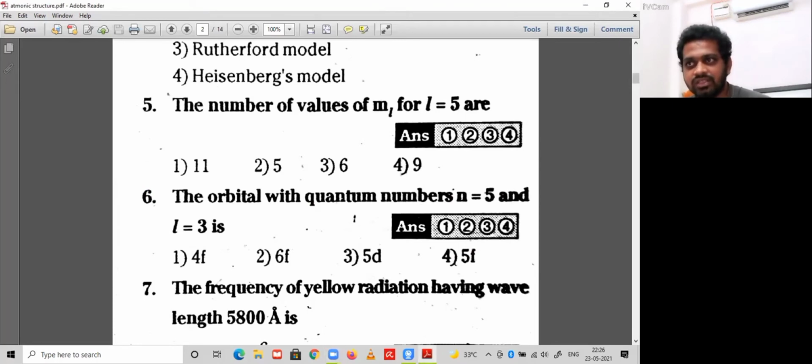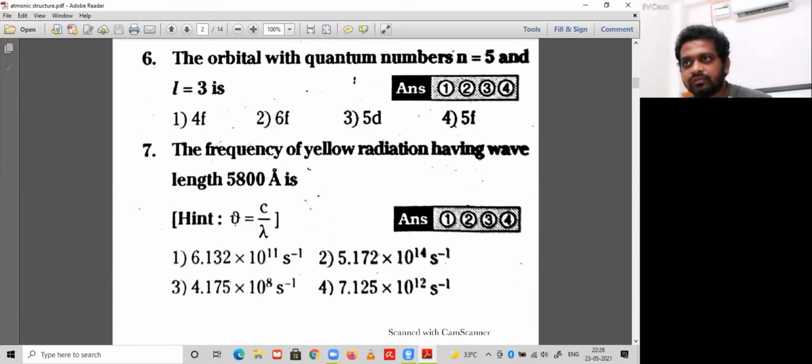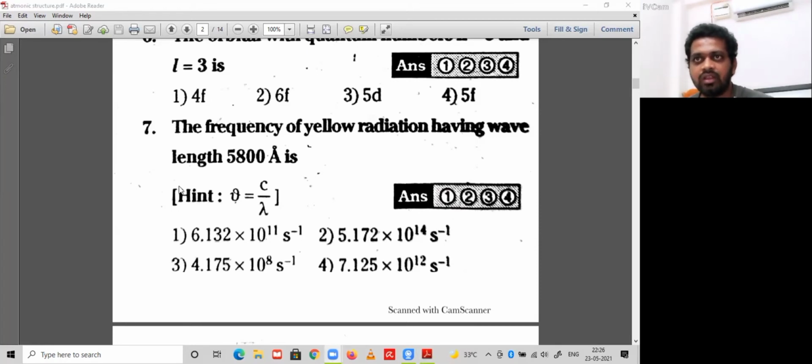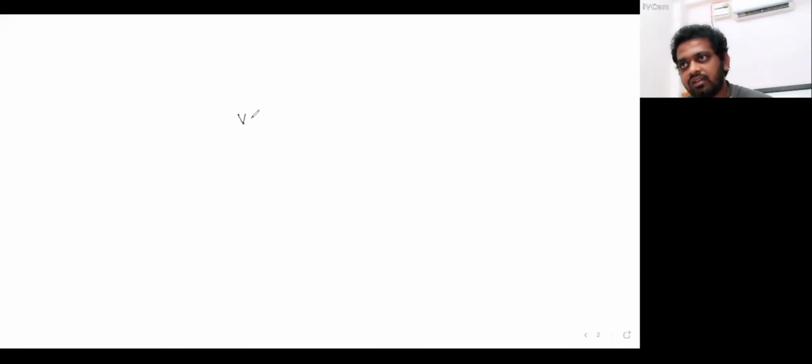The next question is the frequency of yellow color radiation having a wavelength of 5800 angstrom units. Here we need to remember the formula. The velocity of any wave can be represented as the product of frequency and wavelength.